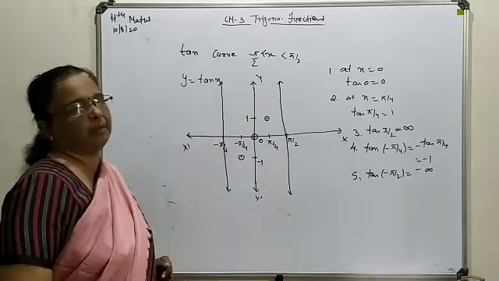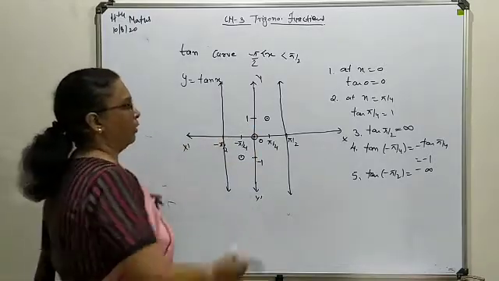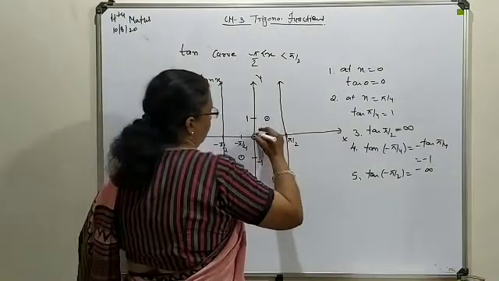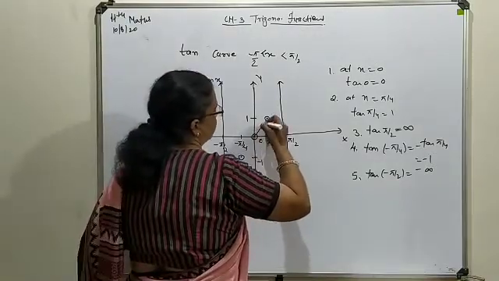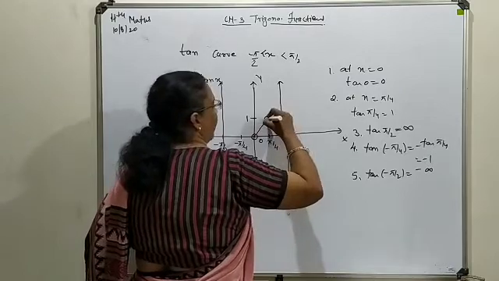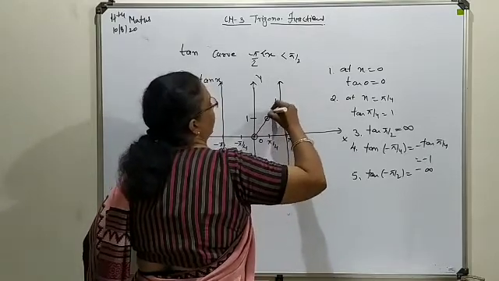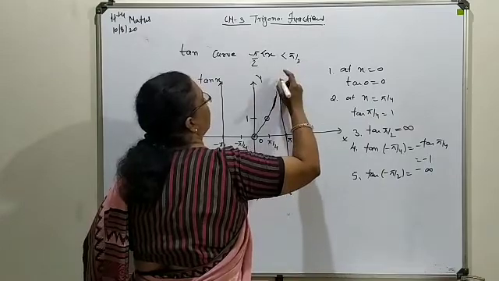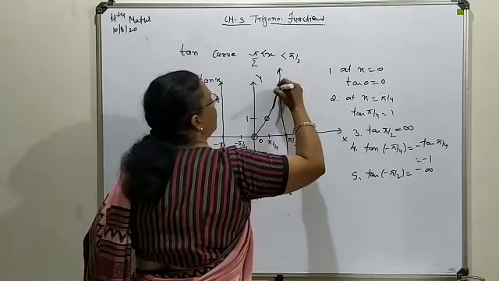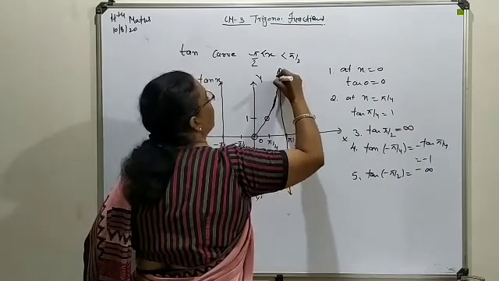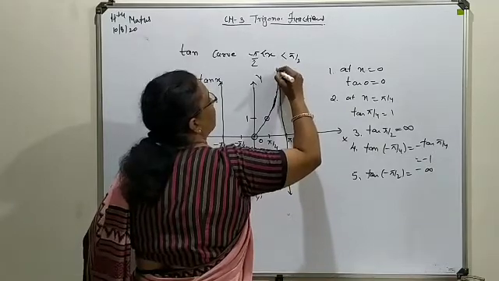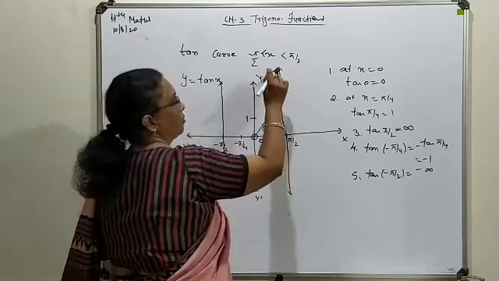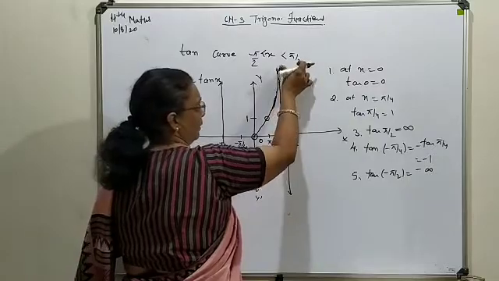Now here we have located only these points. So now make them join. At infinity we can't draw any curve, but we can draw a curve that seems to tend to infinity. Parallel to this imaginary line, you make your curve plot. Not to touch, but it seems to be parallel.